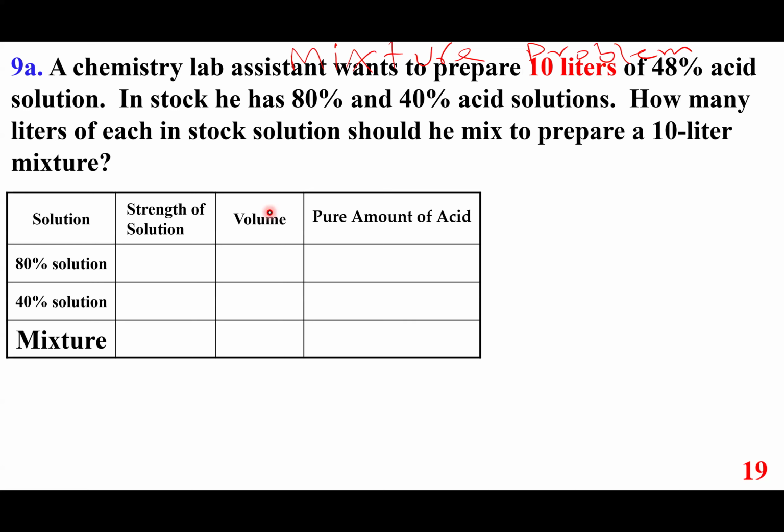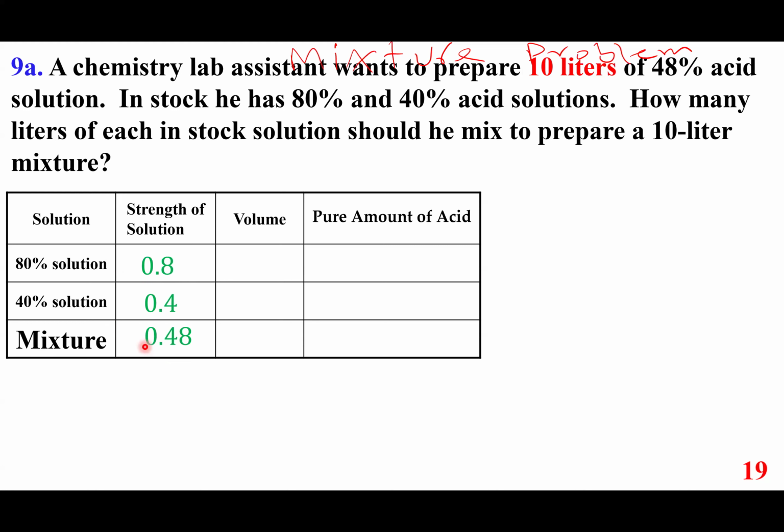So we go with a table like this for a mixture problem. The strength of the solution would be 80%, 40%, and we have the mixture. So we write those numbers in the form of a percentage or decimal. So this becomes 0.8, this becomes 0.4, and the mixture we want is 48%.